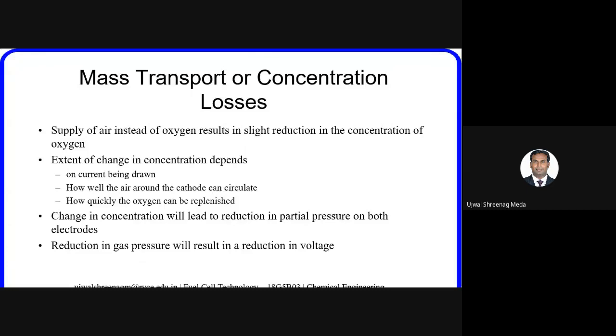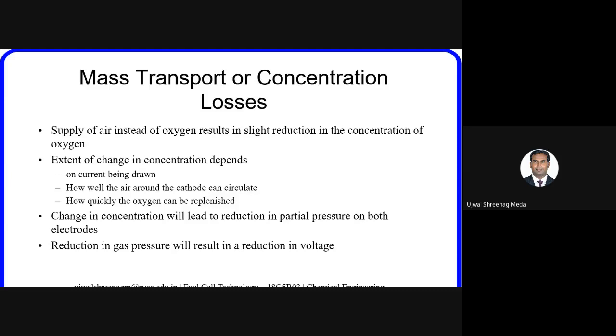When the fuel is a mixture of gases containing hydrogen, that will certainly have an impact on the concentration of hydrogen in that mixture and the associated partial pressure. So one straightforward way of bringing down these concentration losses is using pure hydrogen and oxygen, because of which the partial pressures of hydrogen and oxygen are high.